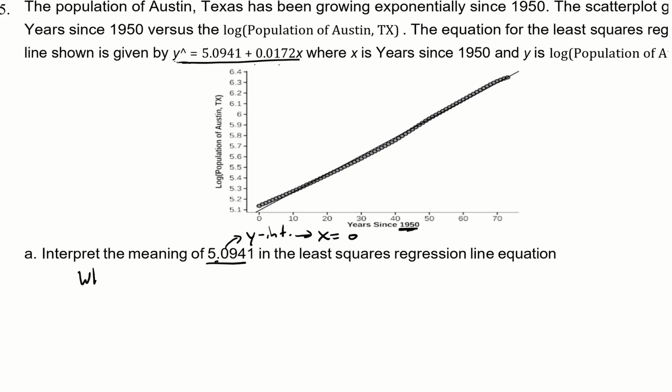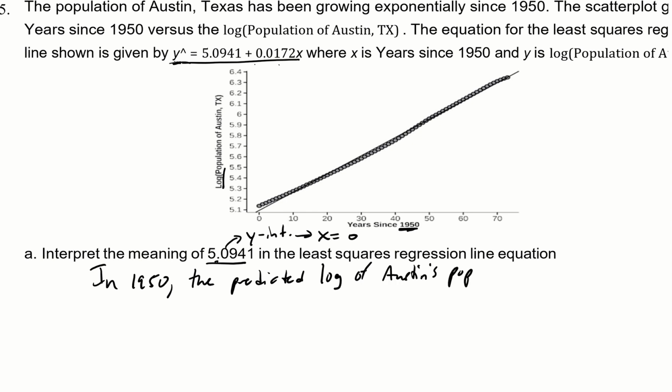So in 1950, the predicted what? Here we're talking about the log of the population. So we're saying that the predicted log of the population is 5.0941.